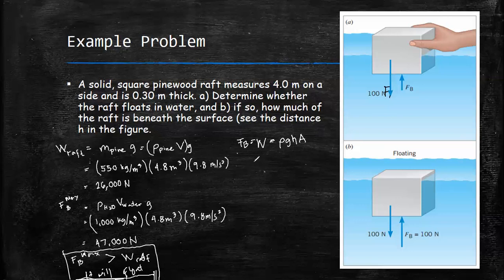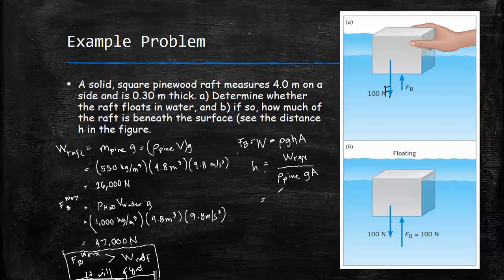So to get the height, we will divide the weight of the raft over the density times the gravitational acceleration times the area.